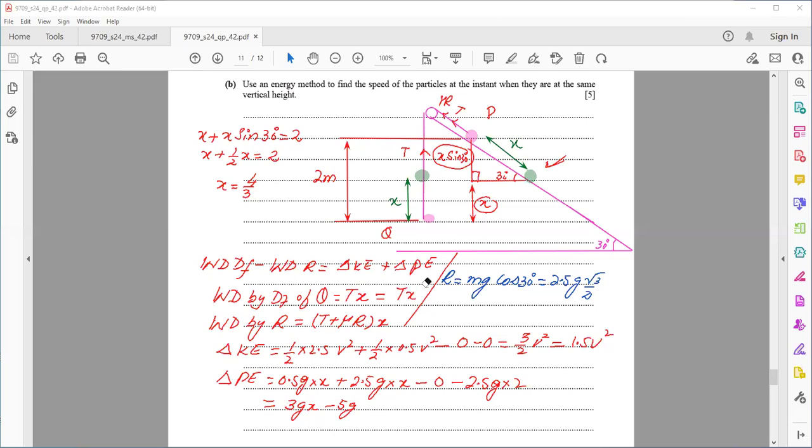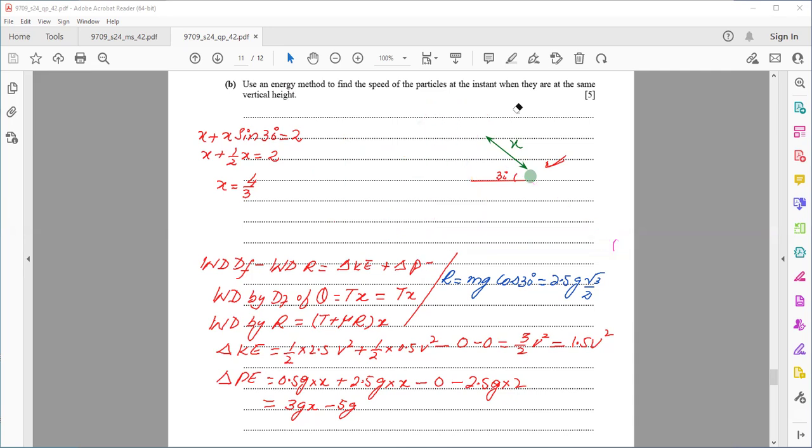Don't panic. Okay, now I have to remove this whole figure because I have to use the calculator, and for the calculator I have x as 4 by 3. Remember the things. First of all, I have to write: work done by driving force minus work done by resistance is equal to the change in kinetic energy plus the change in potential energy.